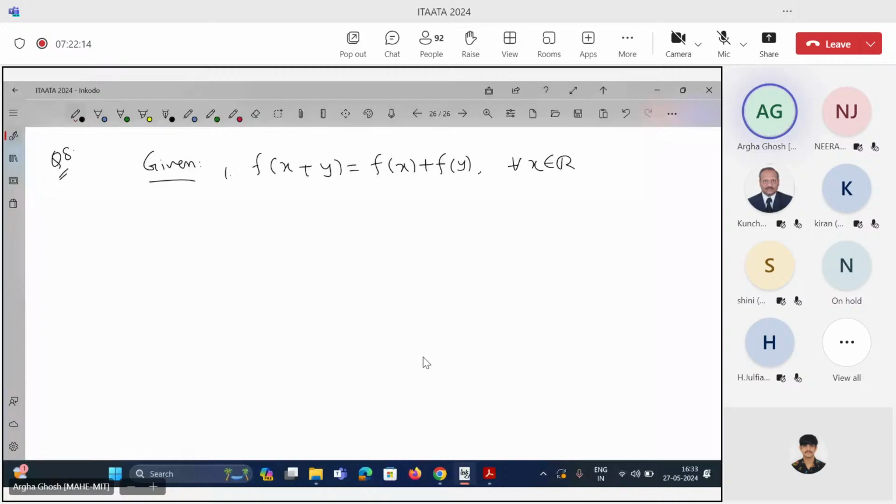Second thing is that f is continuous. Oh, it's not given that it's continuous. If it is given, then nothing to show. Any other thing is given to us? No, correct? It's just additive.